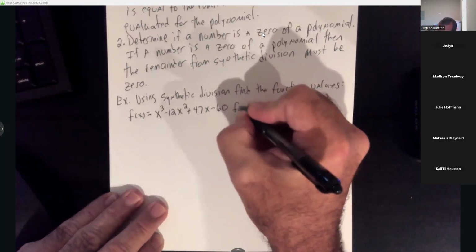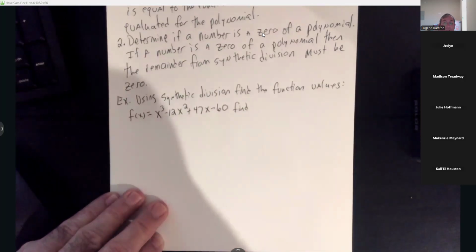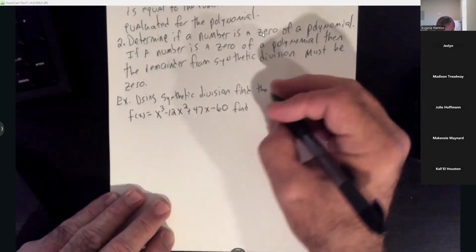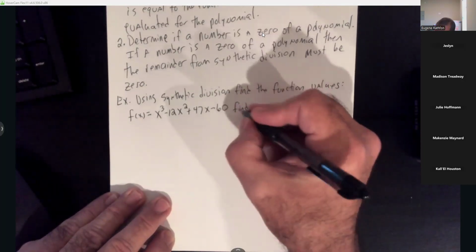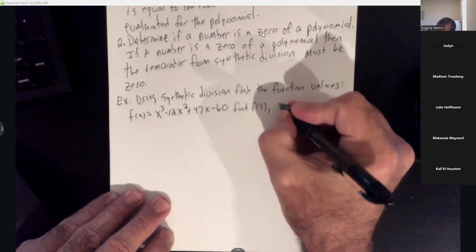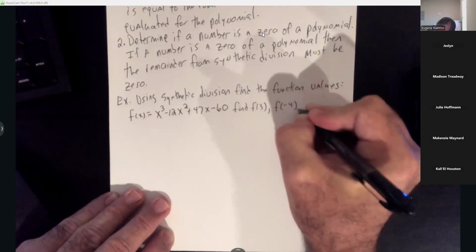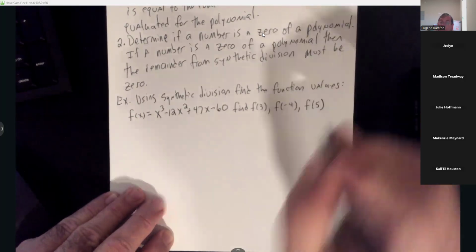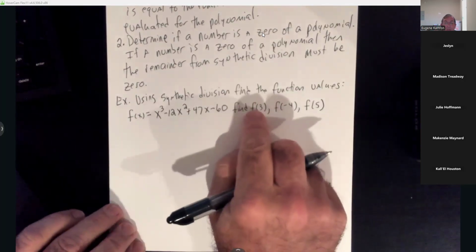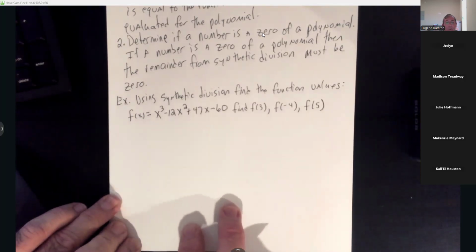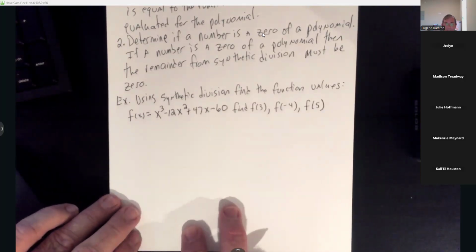Now we'll do this 3 times on this example. So they want me to find 3 function values. They want me to find f of 3. Then they want me to find f of negative 4. Then they want me to find f of 5. So when I do this first one, I'm sort of going to write the steps as I'm going through the problem, okay?